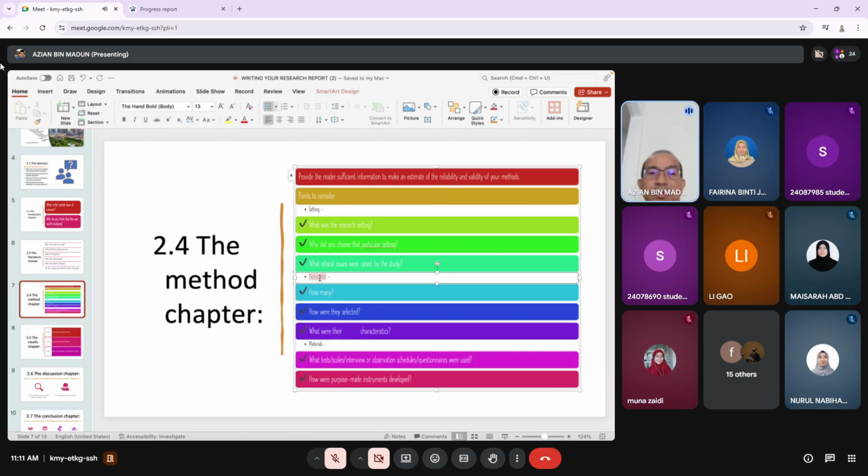Participants can be human or non-human, and then materials, meaning tests. What kind of test are you using? This is what we call measurements. Measurements, for example, like this.